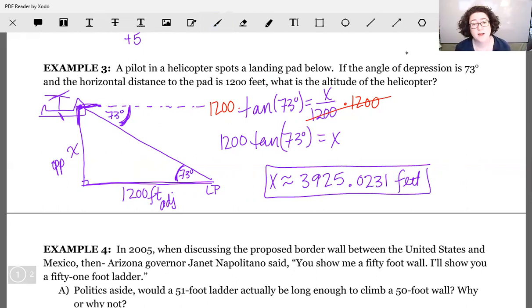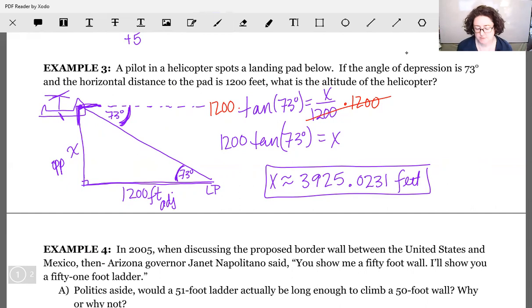The helicopter is going to be quite high up in the air. 1 mile is 5,280 feet, so they're less than a mile in the air. So yeah, they're a ways away. However, if visibility is good, and they've got that big red landing pad to look for, then they may be able to see that pinpoint pretty easily, hopefully.